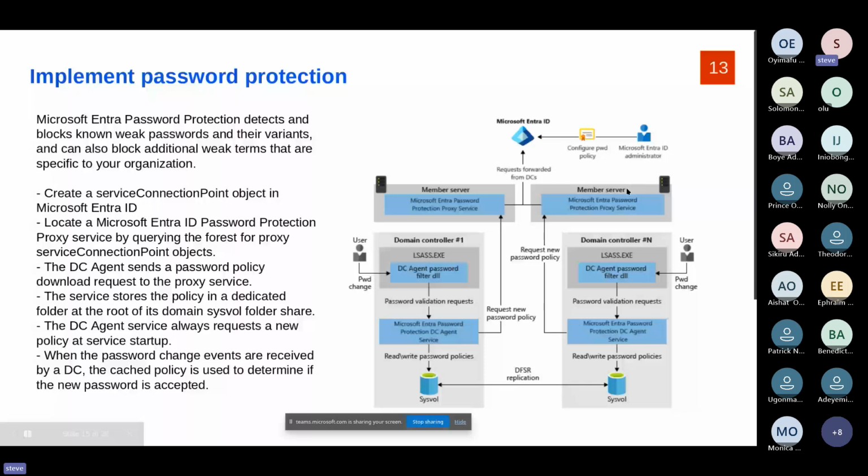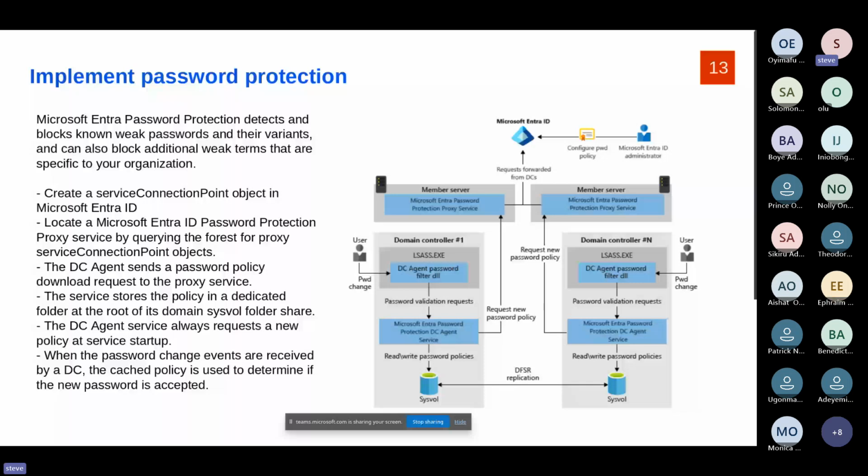The password 123 variation should not be used, or variations of, for example, your company's name should not be used as your password. This is just to protect users. It detects and blocks known weak password variants and can also block additional weak terms that are specific to your organization. Yeah, that is just the overview of that.